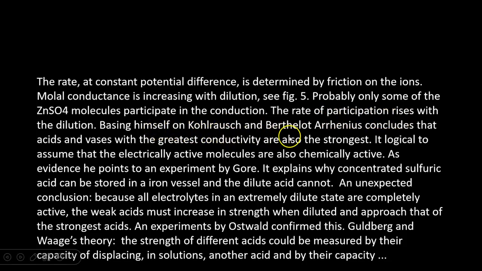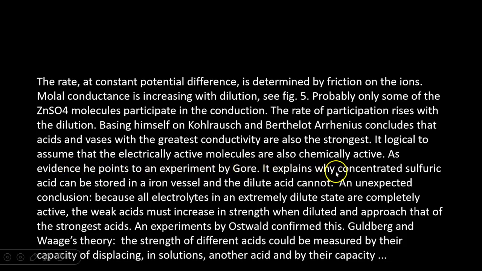Basing himself on Kohlrausch's and Berthelot's work, Arrhenius concludes that acids and bases, probably not bases, with the greatest conductivity are also the strongest. It's logical to assume that the electrically active molecules are also chemically active. As evidence, he points to an experiment by Gore.